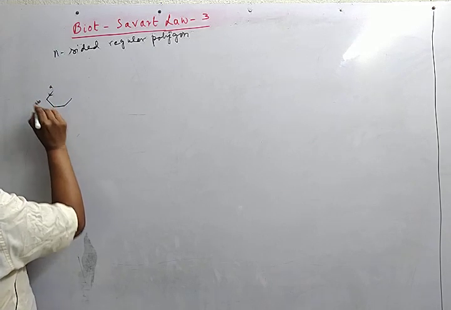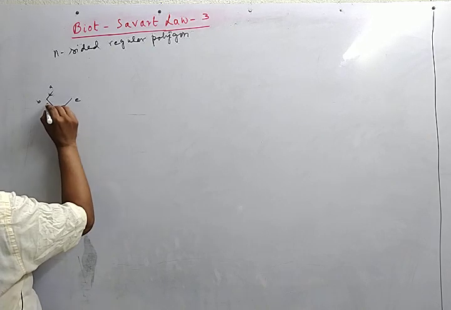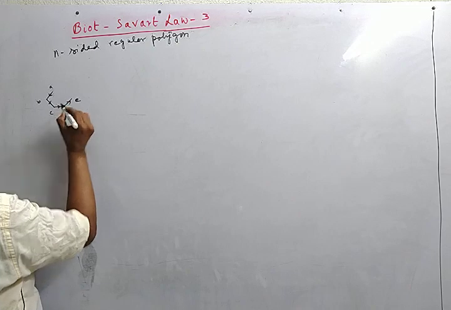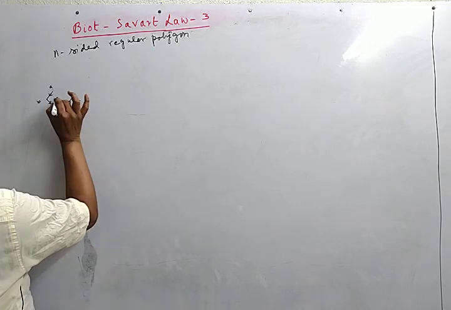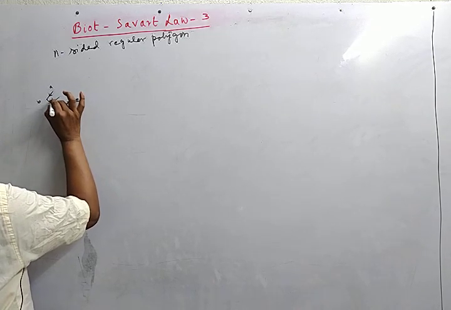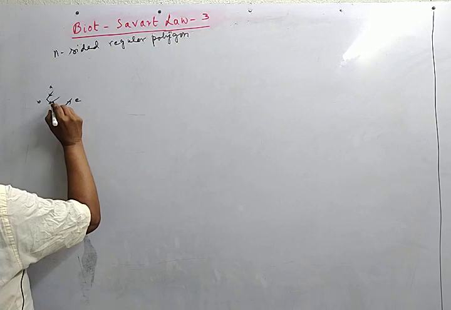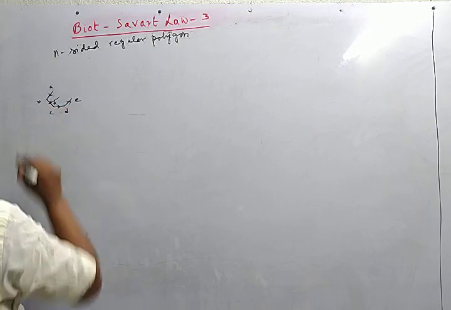This is A, B, C, D, E, and so on and so forth. This is the regular polygon. And we consider a point within it, so that each distance is d. This d must not be confused with the point D. This is the distance d.